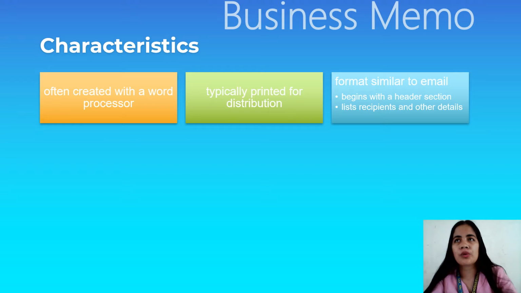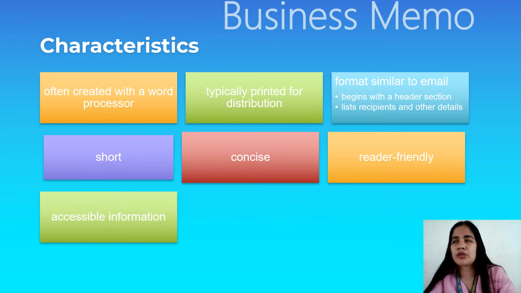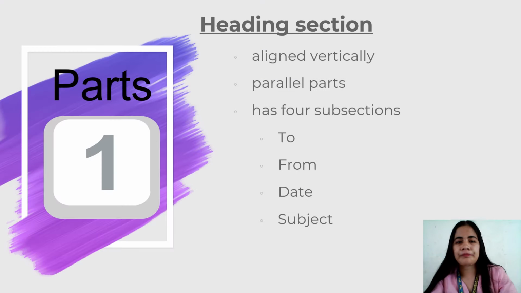As we go on with our lesson, we are going to identify also the parts of a business memo. It is also short, concise, and reader friendly. Accessible information and generous margin, and also spacing between parts. So you can also see the example of business memo as we go on with our lesson.